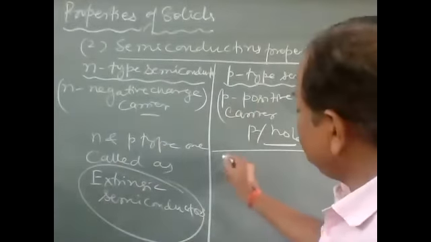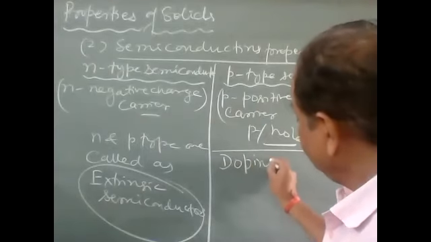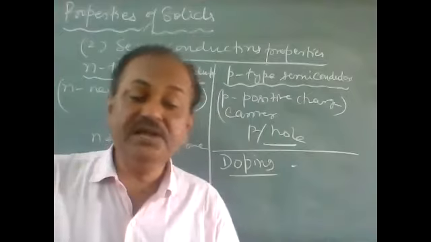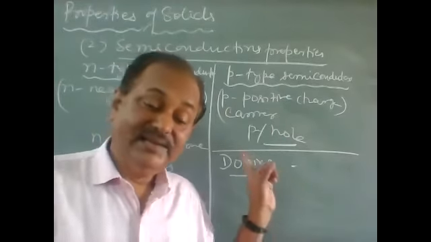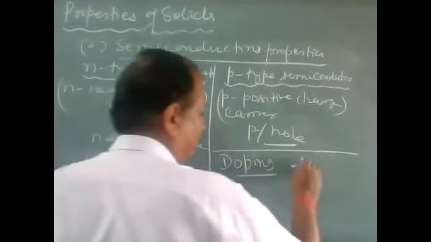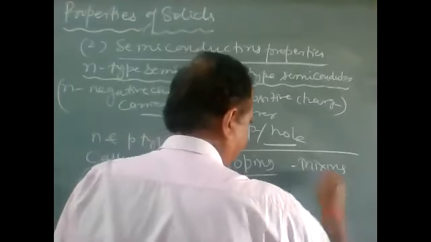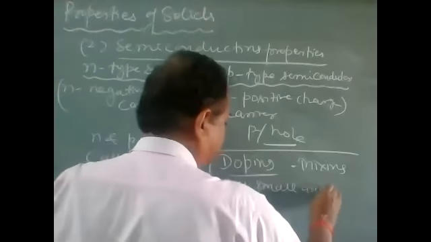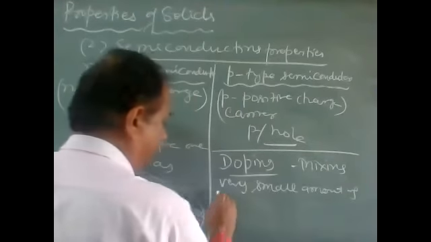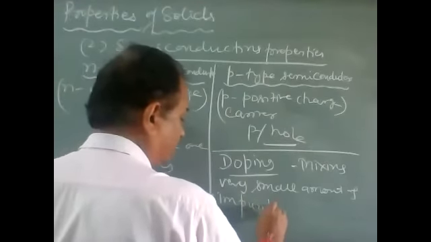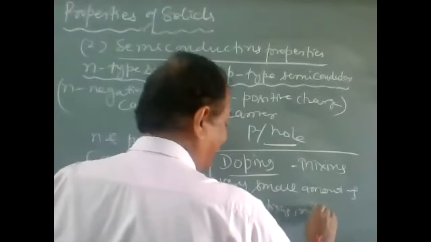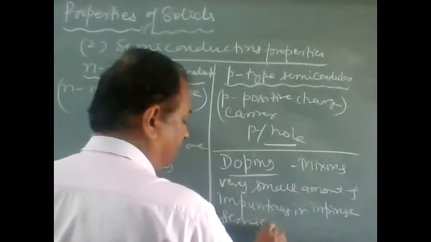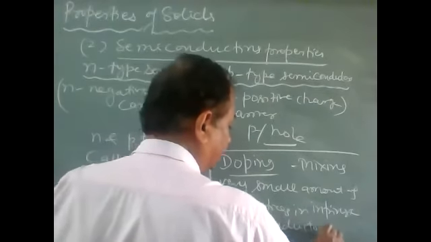So children, the next point is doping. Doping is the addition of a very small amount of impurities in intrinsic semiconductors.